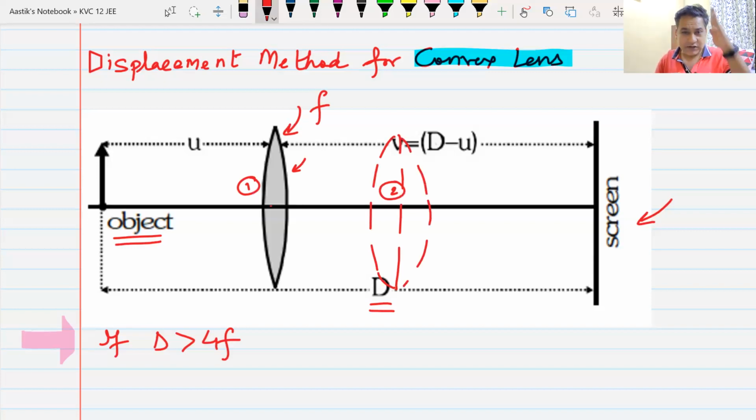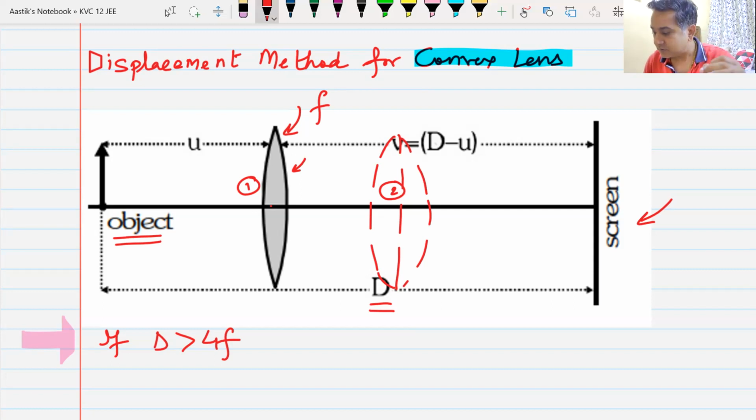So what will happen is, we will not shift the object, we will not shift the screen. If d is greater than 4f, there are two positions for the lens where you can put the lens and you will get this real image on the screen. Using this principle, we can calculate the focal length of the lens.